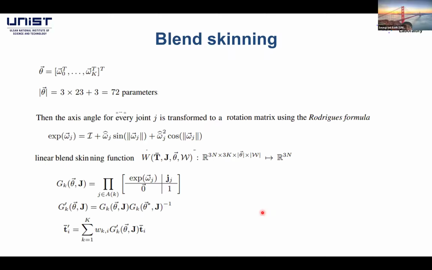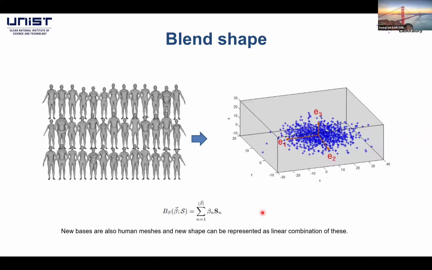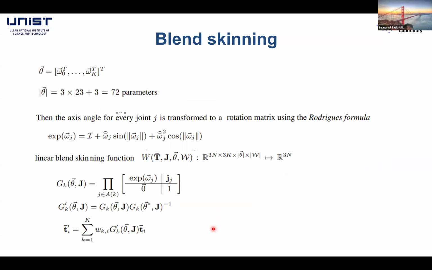And the next important thing is the pose. We already know we can control the SMPL mesh's shapes: by manipulating this beta, we can control humans' shapes. But the next thing is how to control the pose.